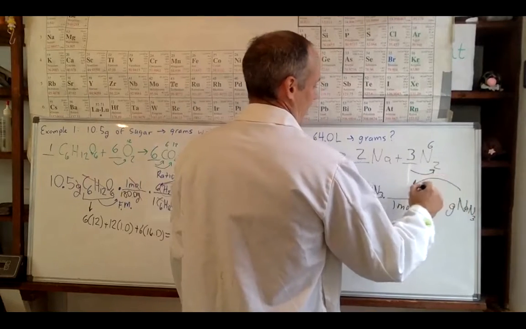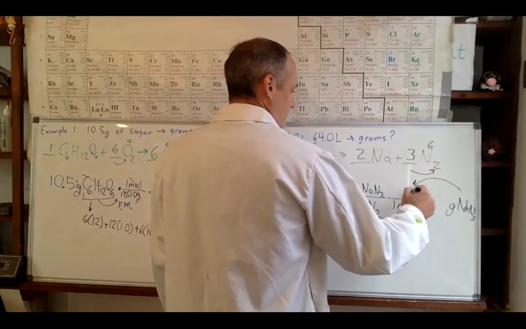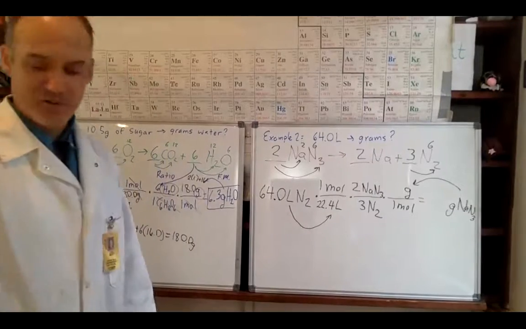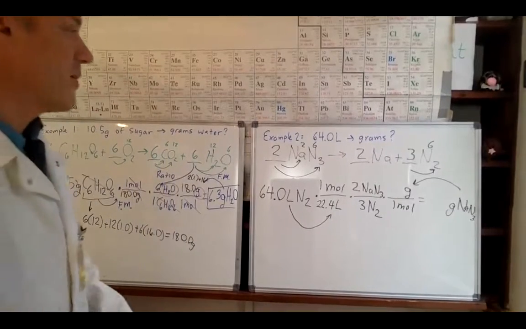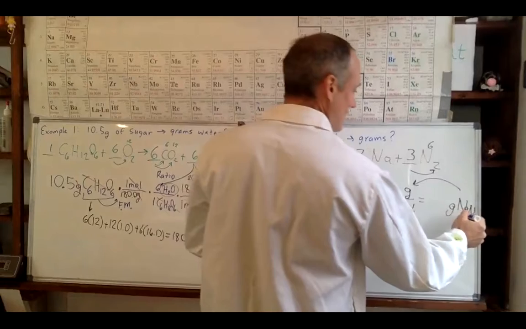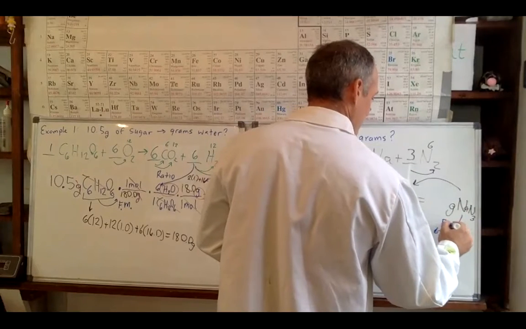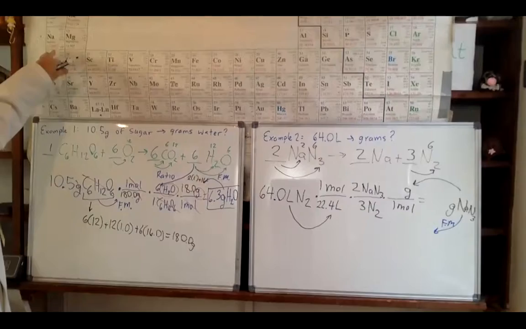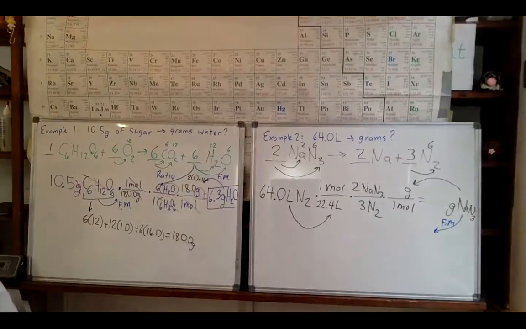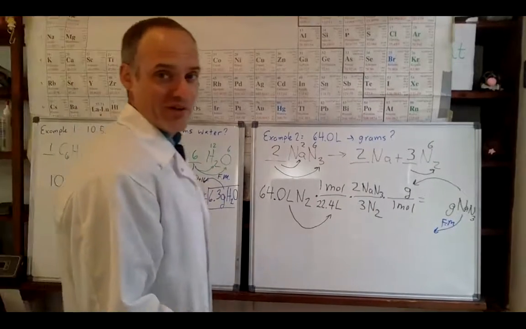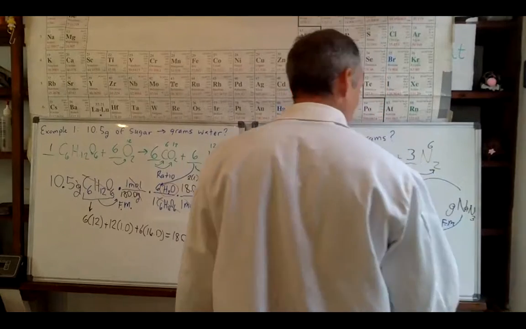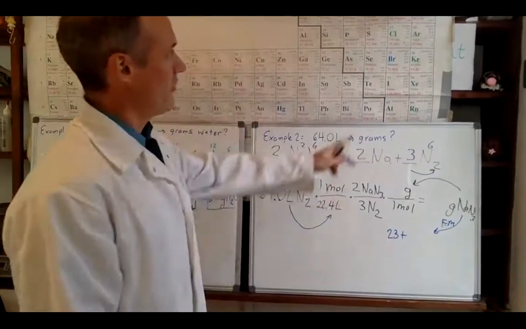All right, now on this side of the conversion, we need to convert it to grams. So we do need to find the formula mass of sodium azide. So let's do that. All right, sodium is 22.98977. So we'll say that sodium is 23. And then it's got 3 nitrogens.